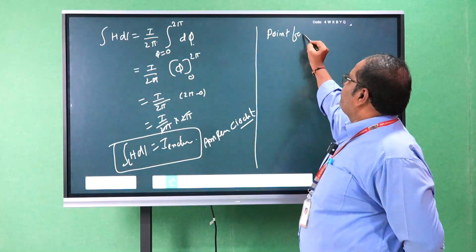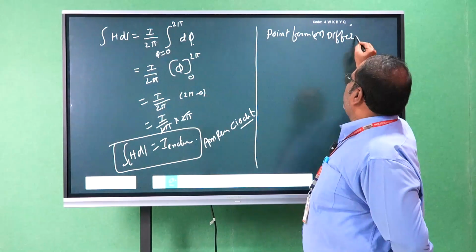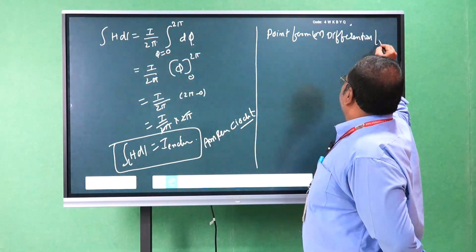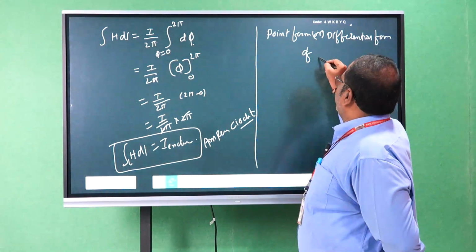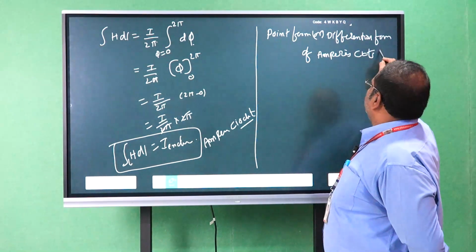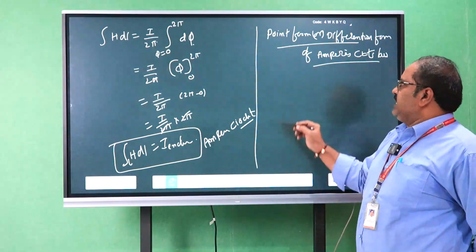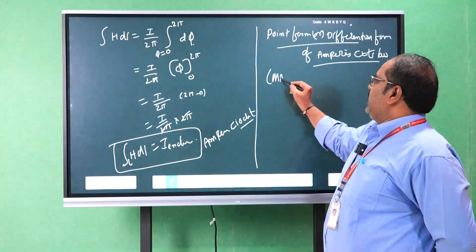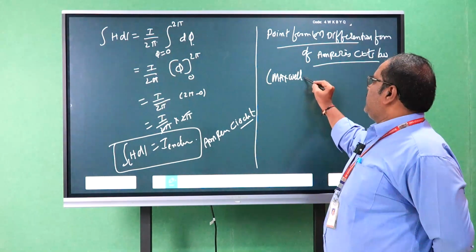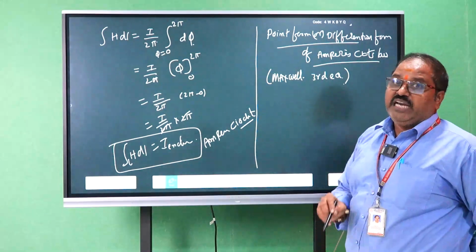These basic concepts lead to the point form or differential form of Ampere's circuital law. It is a very, very important concept: point form or differential form. It is nothing but Maxwell's third equation in magnetostatic fields.